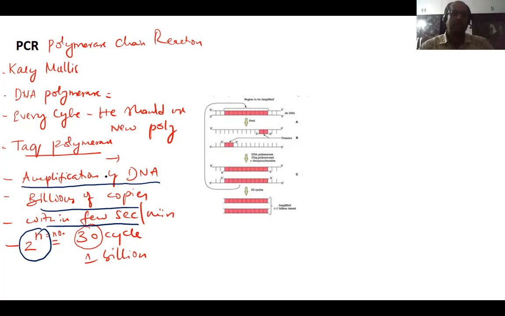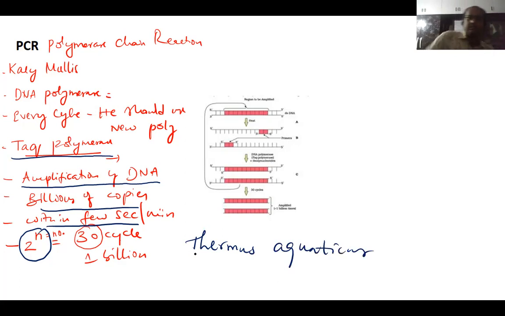Taq polymerase is an enzyme. What is the meaning of Taq polymerase? This is an enzyme which is produced by a bacterium. The bacterium's name is Thermus aquaticus. Thermus aquaticus is a bacterium which can withstand very high temperature, which can grow in hot springs. So if you extract the enzyme from this bacterium, that enzyme is called Taq polymerase.